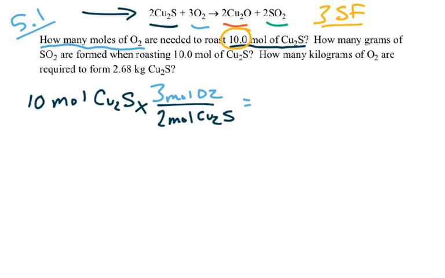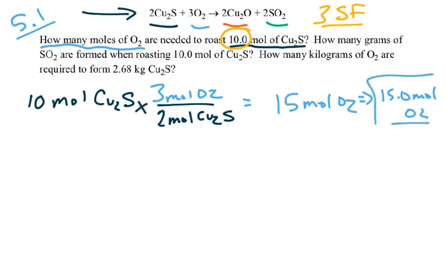So that ends up being 15 moles of O2. 3 sig figs, so we should have 15.0 moles of O2. All right, that is the answer for that problem. It asks for moles of O2. Again, we're on the island. The whole point of the island is for this ratio right here. That's it. So that's A.